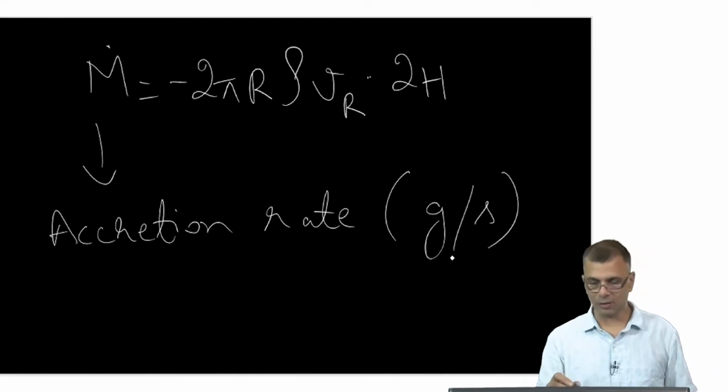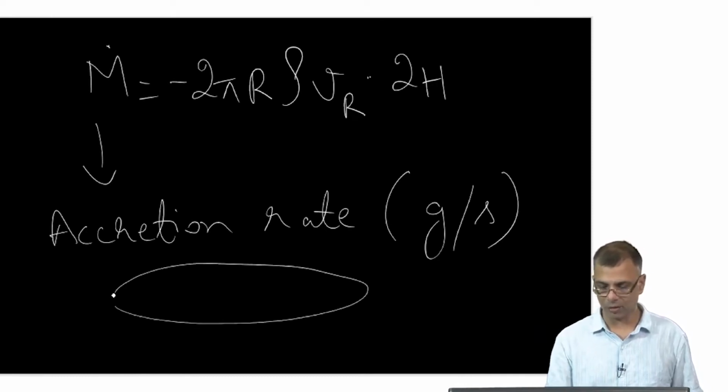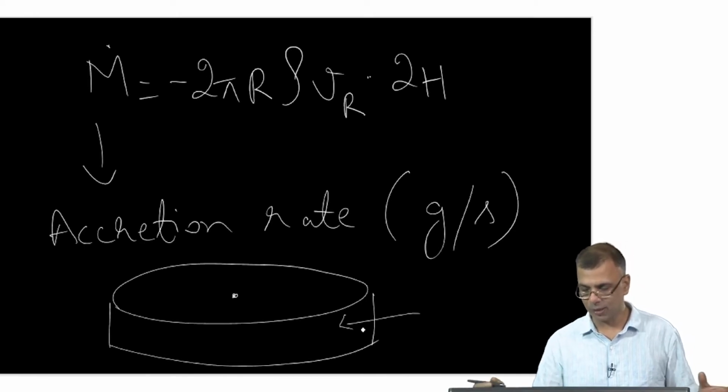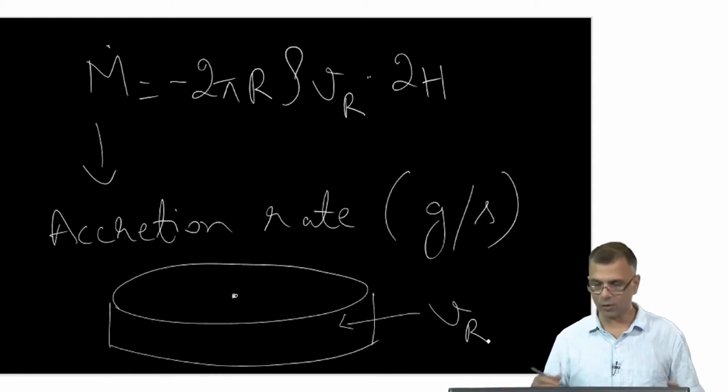And this simply is saying that you have an accretion disk like so, around a central object, and stuff is moving in this way with a radial velocity Vr, slowly sinking in. Of course, Vr is much smaller than V phi.